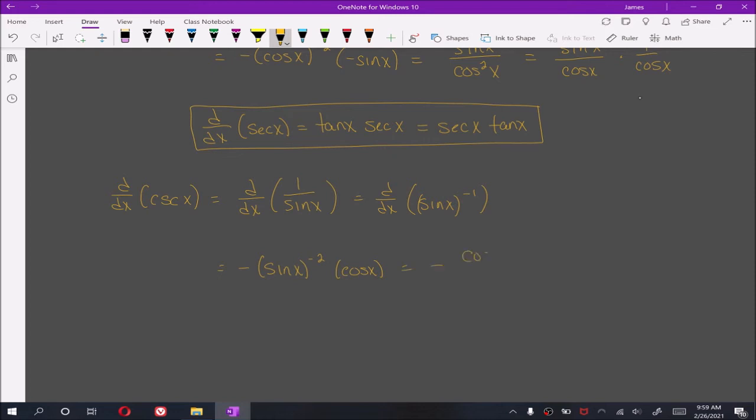This will leave us with negative cosine of x over sine squared, which can be written as negative cosine x over sine of x times 1 over sine of x. And so the derivative of cosecant x is negative cotangent x cosecant x, or more commonly written as negative cosecant x cotangent x.